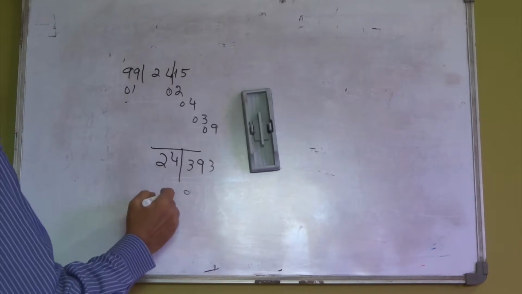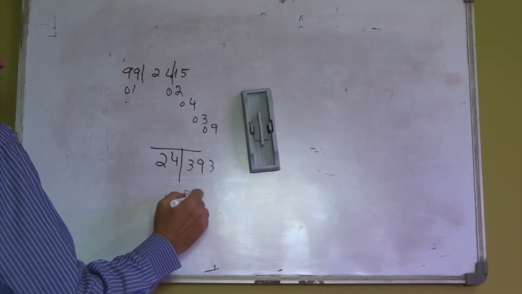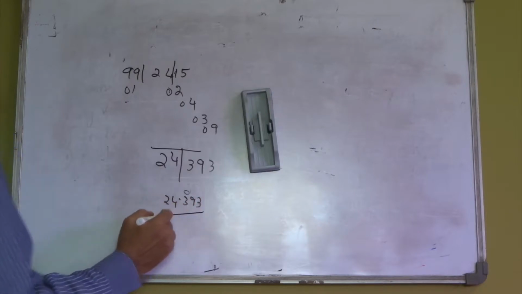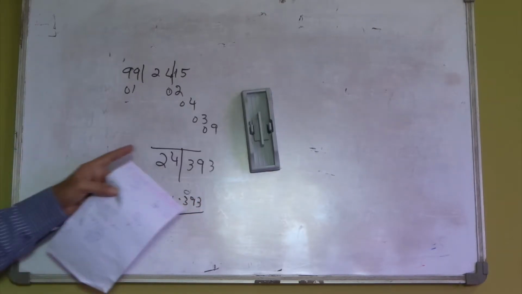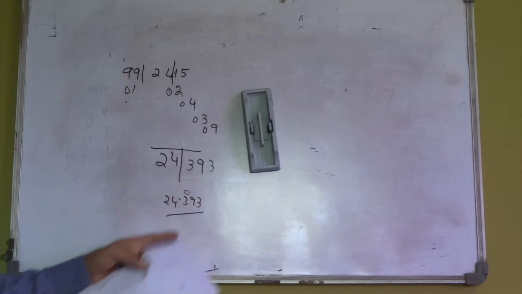It is 24.2. We did it both ways: quotient and remainder, full number, and with decimal.